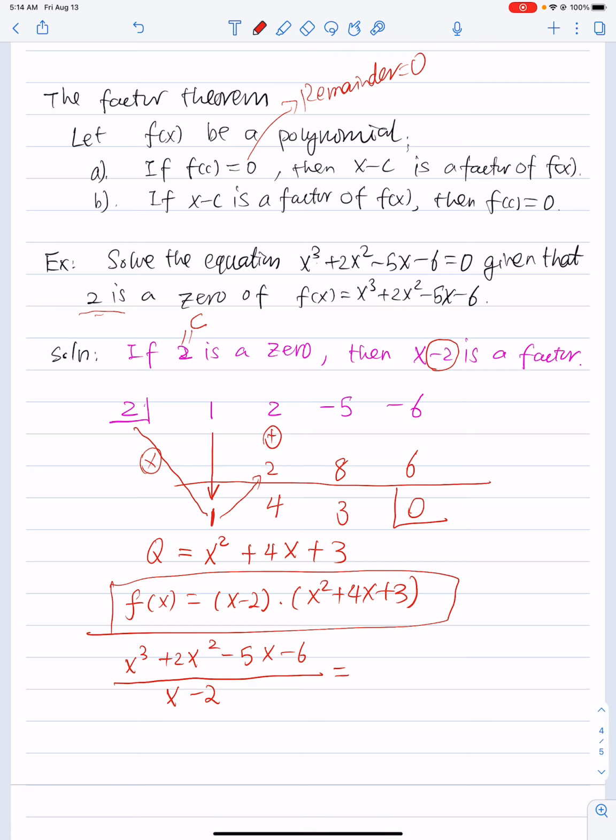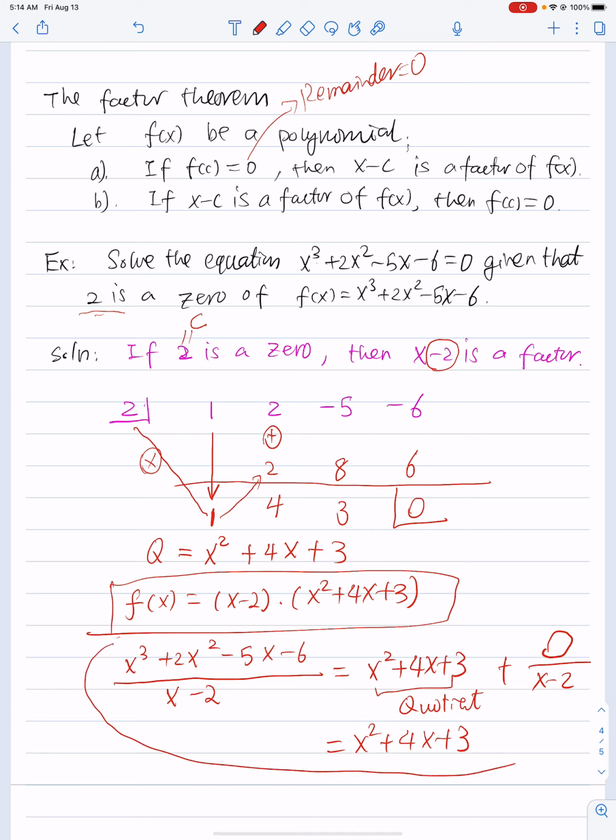What does this equal to? X squared plus 4x plus 3. That is your quotient, plus the remainder. What is the remainder? 0 over x minus 2. So what does this thing equal to? X squared plus 4x plus 3. You with me? Yeah. So this is the rationale.